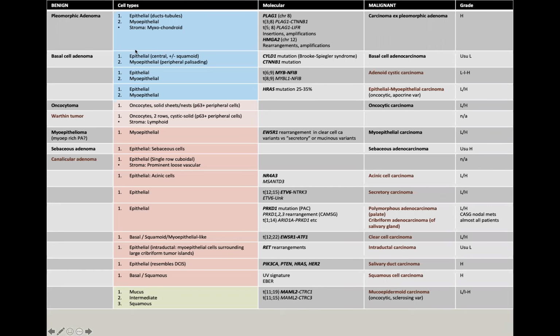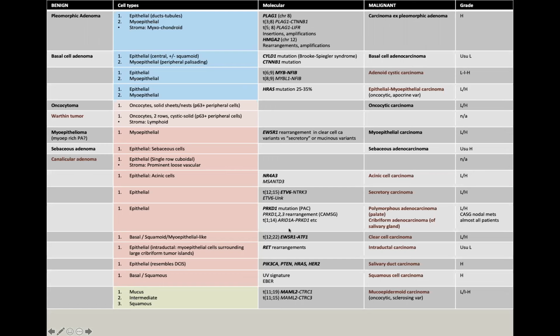I also like to think about tumors in terms of how many cell types they have. Do they have one cell type? Do they have two cell types? Or like mucoep, do they have three cell types? And this will help you organize your thought process for diagnosis. And then of course, molecular.